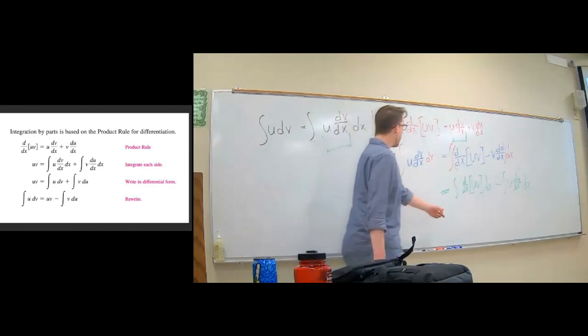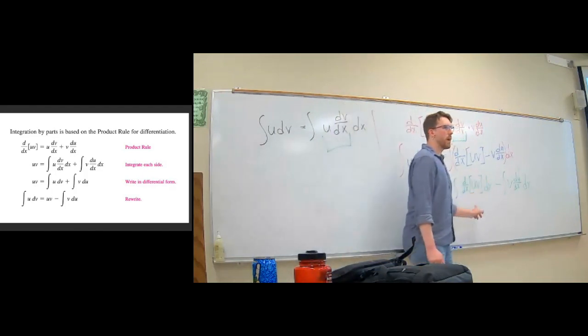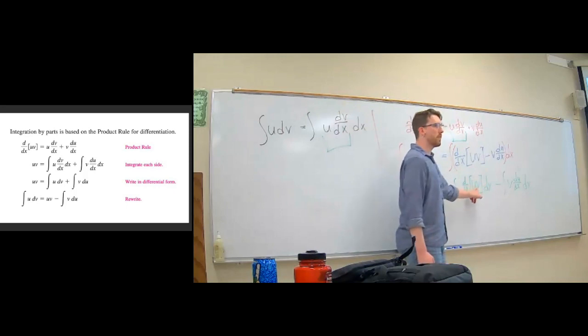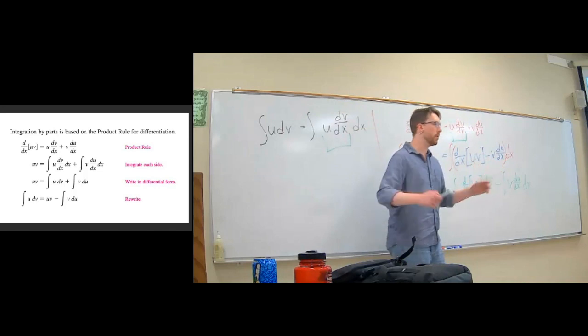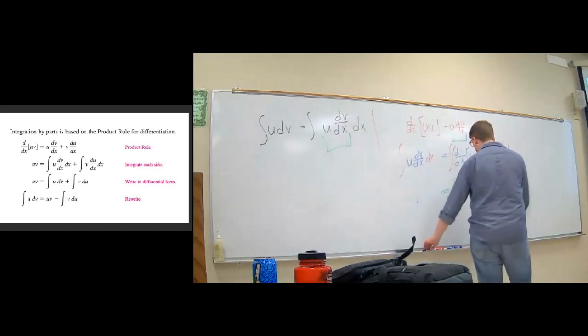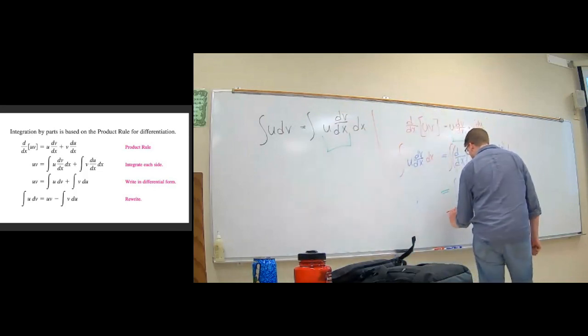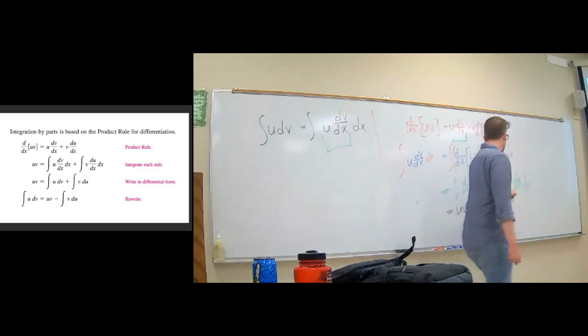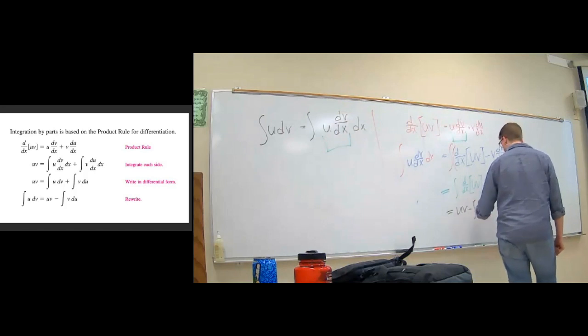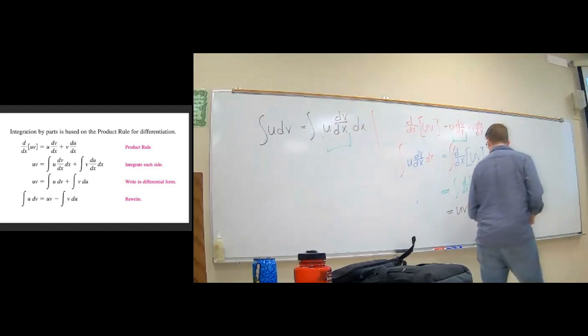Well, this integral is just an antiderivative, right? And we're just taking the derivative of this. So they cancel each other out effectively. Agreed? So we can come along here and say, this thing just rewrites to uv minus the integral of v du dx integrated with respect to x.